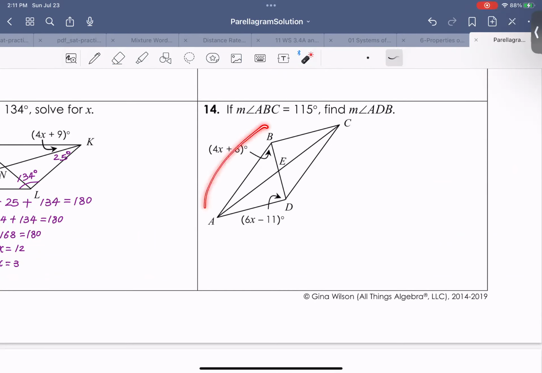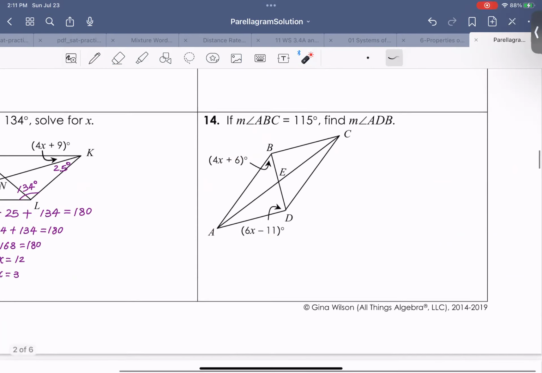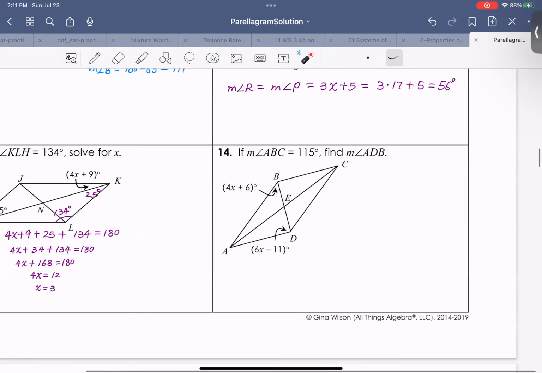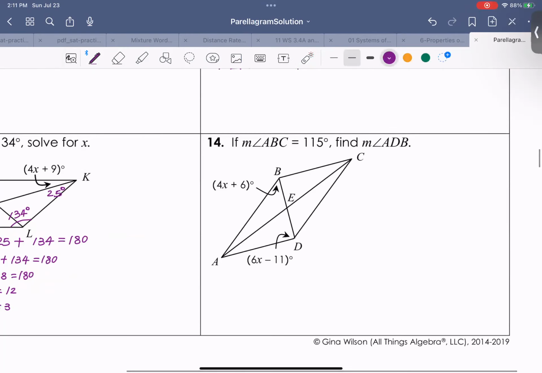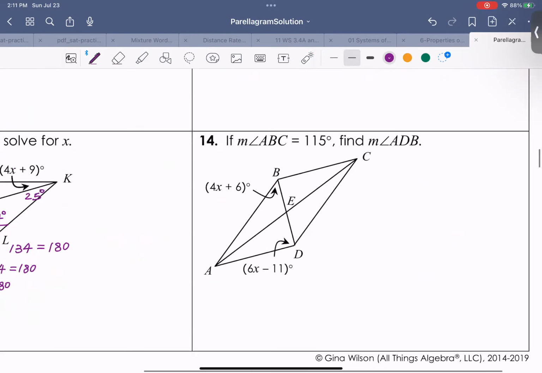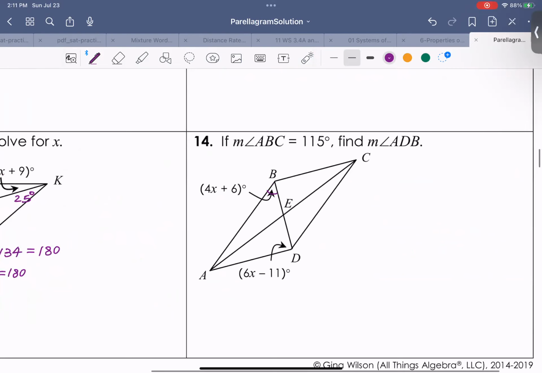Next one. Let me call Sophie. Let's try this question over here. The guy here is 4x plus 6. And this is this, so that will be the same, right? So here is 6x minus 11. And then ABC is right here.